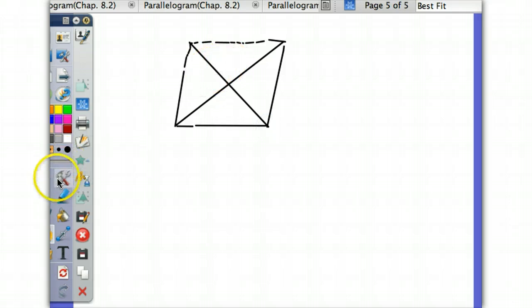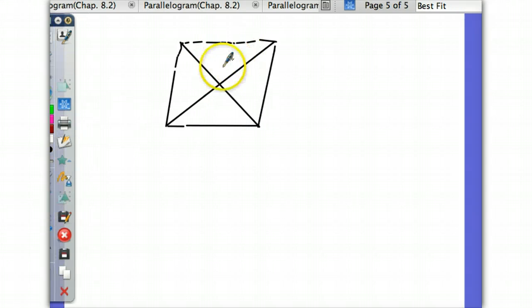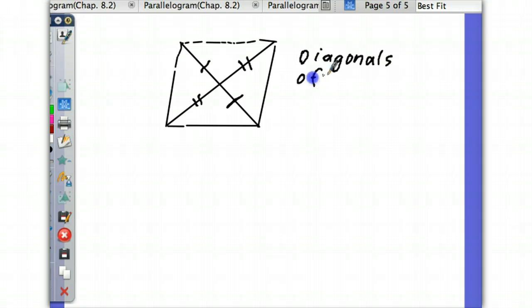What does that mean? It means this segment here is going to be the same length as this one, and this one over here is going to be the same as this. All right? So make a note that the diagonals of a parallelogram bisect each other.